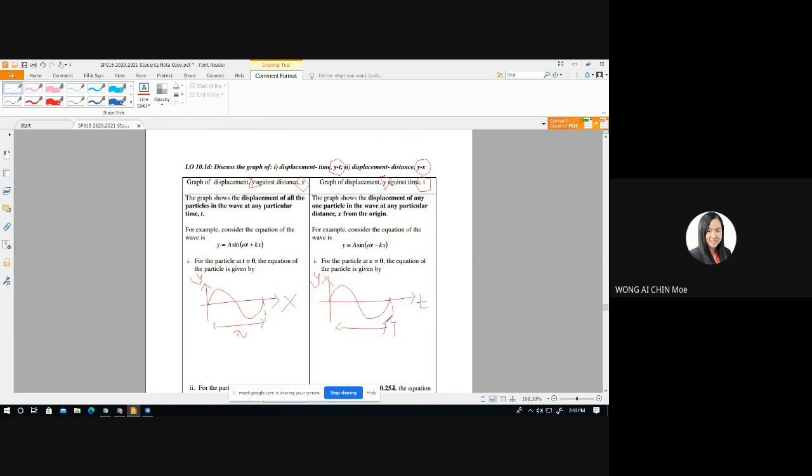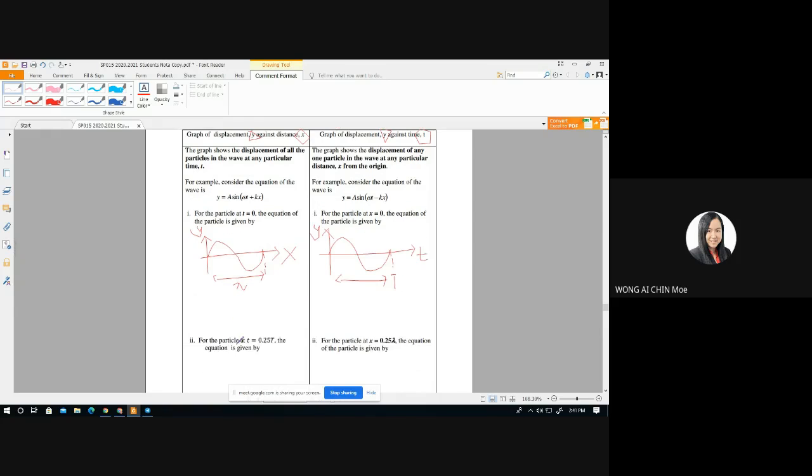If the graph is y versus x, for one complete cycle the displacement is equal to lambda, the wavelength.